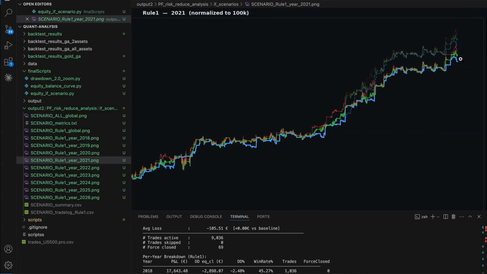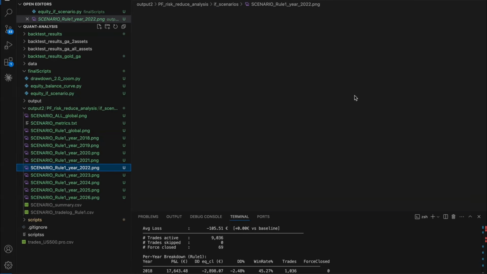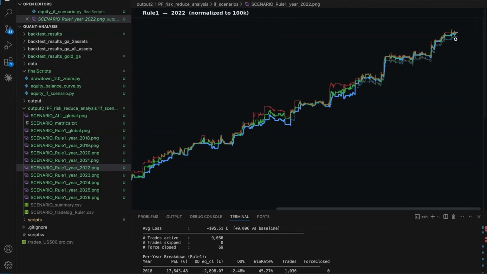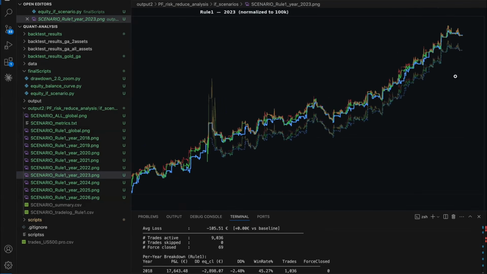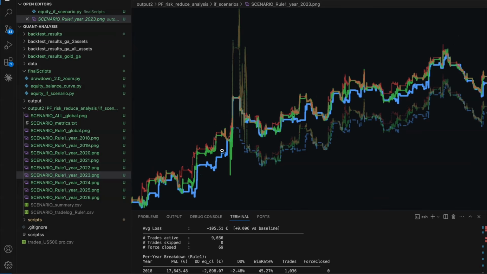But still, you have to think that overall you increased the performance even if some years you made less profit. 2022, a little overperformance from the new rule. 2023, bigger performance. And you think about that, you reduced the own equity, because the new rule, the green one, is stopped here, and this one was the old scenario.